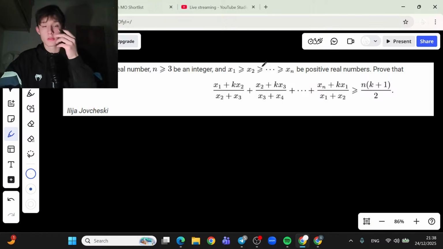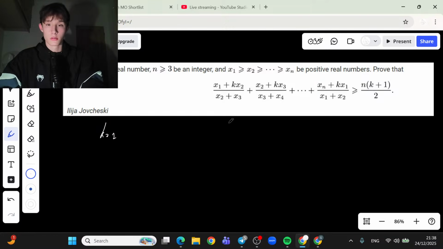Okay, so let's have a think. Well, we know that k is greater than 1. So essentially what we can do, I think, is order all these things.